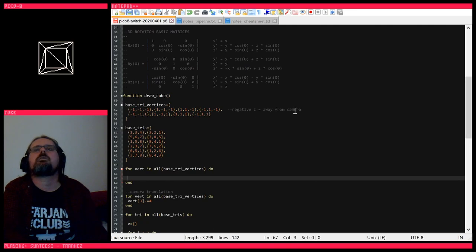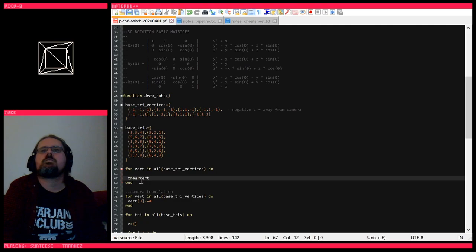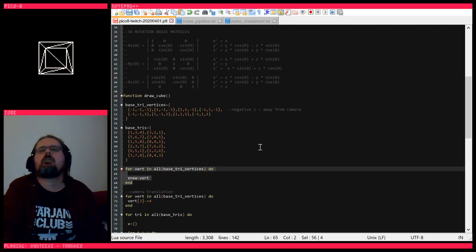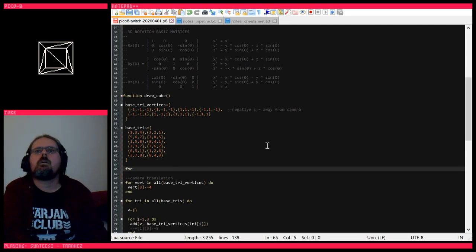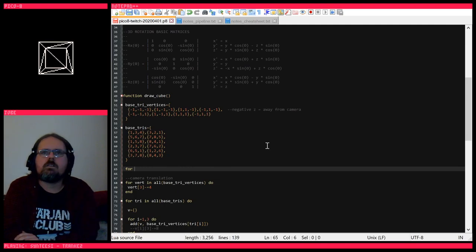So how did we do this last time? So x new, it's going to be just vert 1. Oh yeah, we actually need to do this as a for loop, without using the shortcut, because the arrays are just references.